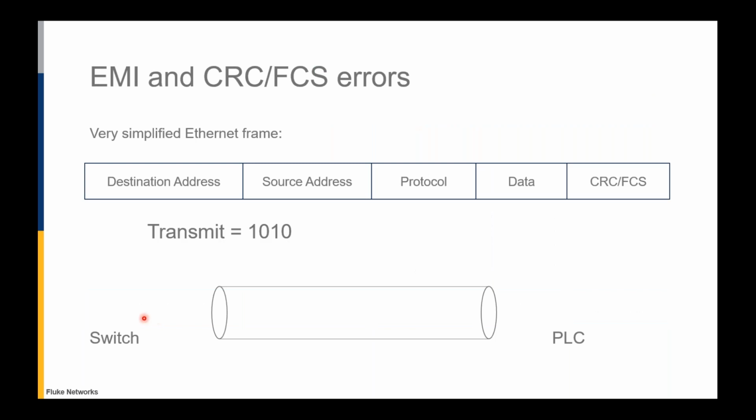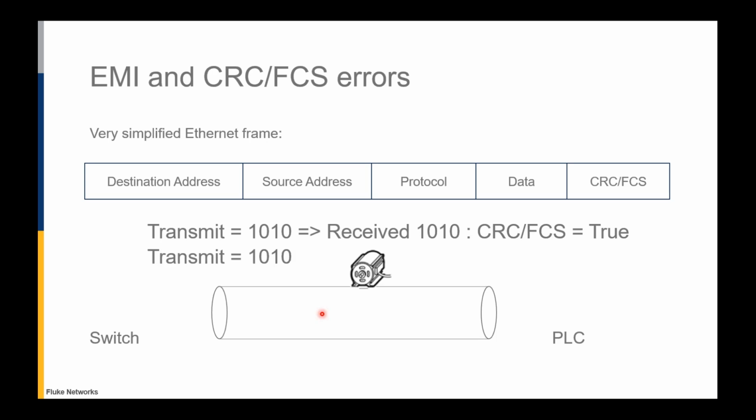So here, I'm going to send from my switch to my PLC through this cable a very simple communication: on, off, 1010. And I send 1010 down the line and I receive 1010, on, off. So my cyclical redundancy check matches up, the frame is received, and we move on.